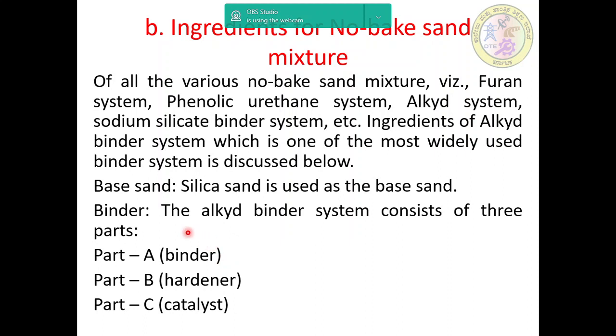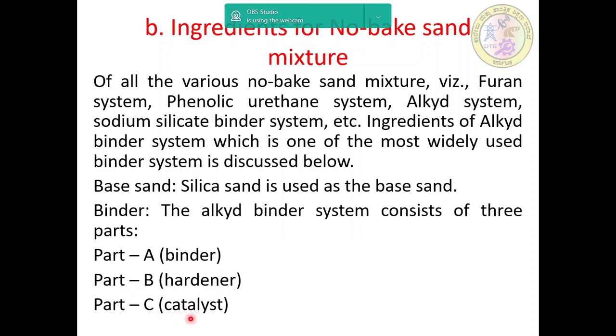This addition ranges from around 2 to 5% based on weight of sand. Next, part B is nothing but a hardener. The hardener is a reacted product between cobalt or lead salts and naphthenic acid. Its addition ranges from around 5 to 10% based on weight of binder.